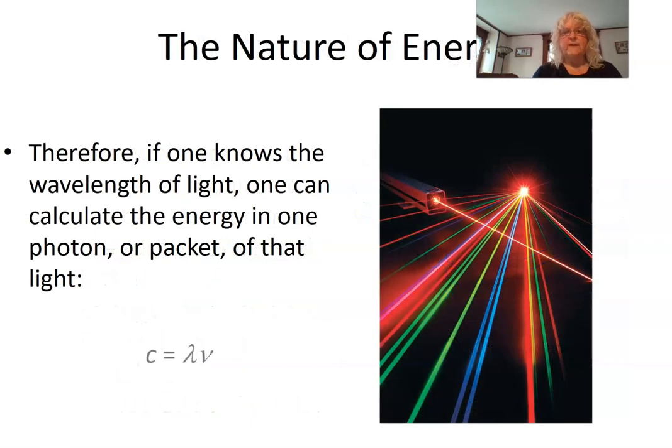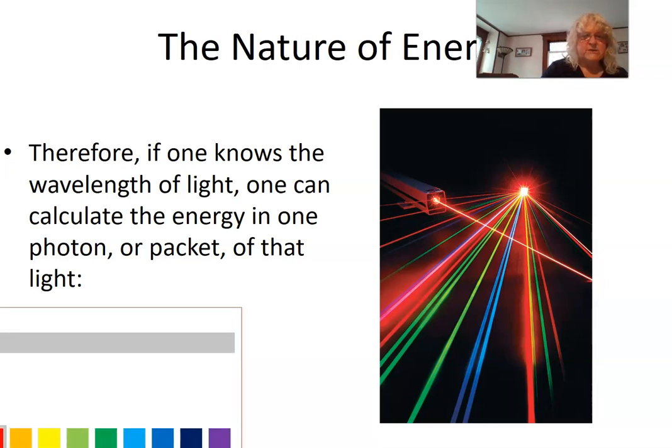So if I know the wavelength of light, I can calculate the energy in a packet, or a photon, essentially, of that particular light. These two equations at the bottom say that c is equal to the wavelength times the frequency, and that the energy is equal to Planck's constant times the frequency.